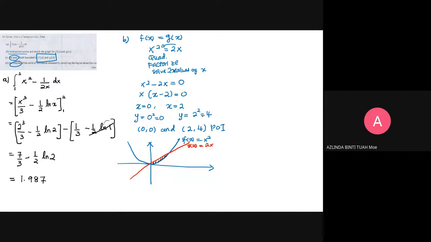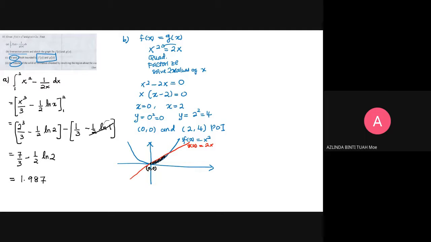Okay, what is the purpose of finding the point of intersection before sketching the graph? Tujuan kita cari point of intersection ini adalah untuk menjadi kita punya lower dan upper limit. Kalau kamu tengok pada graph ini, paling hujung yang di sebelah kiri of the bounded region adalah (0, 0). Dan ini dia punya bounded region.